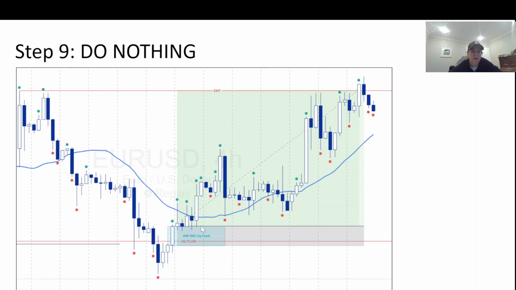So you want to get in on these trades as soon as they set up. And again, do nothing. We're not trailing these. We're not going to break even. We're just in and we're trading them.